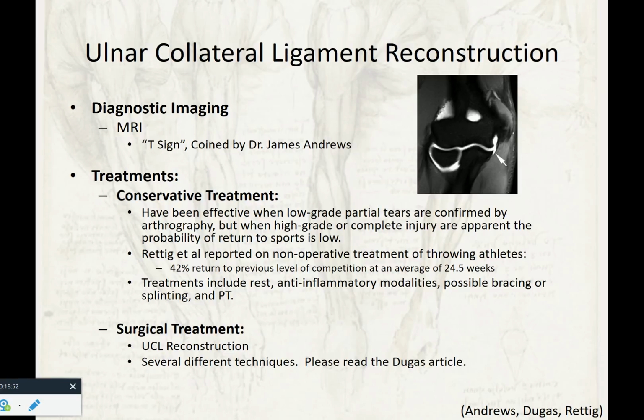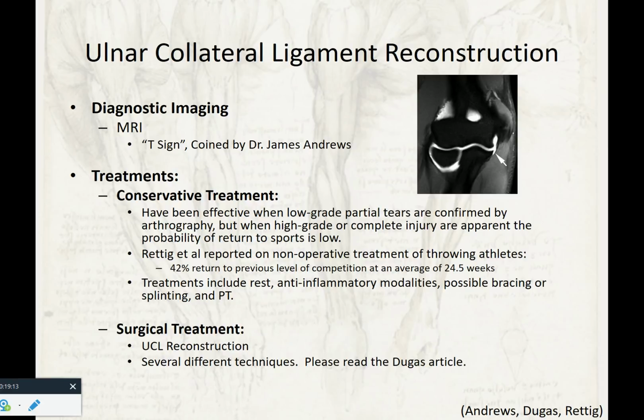The difference between a reconstruction and repair is that a reconstruction reconstructs the ligament using a graft. So it could be an autograft, which is taking tendon or ligament from your own body and putting it in a new spot, or an allograft, which is from a cadaver.